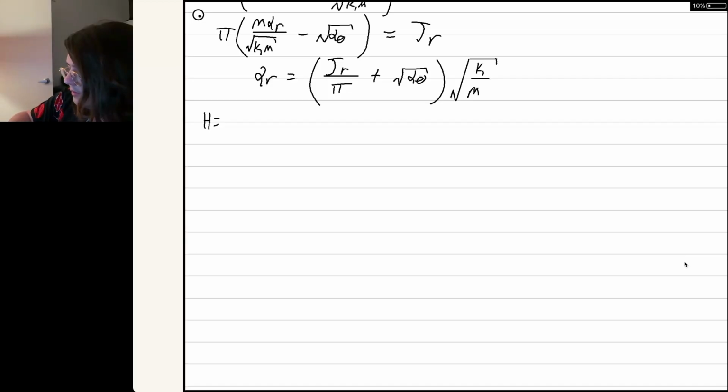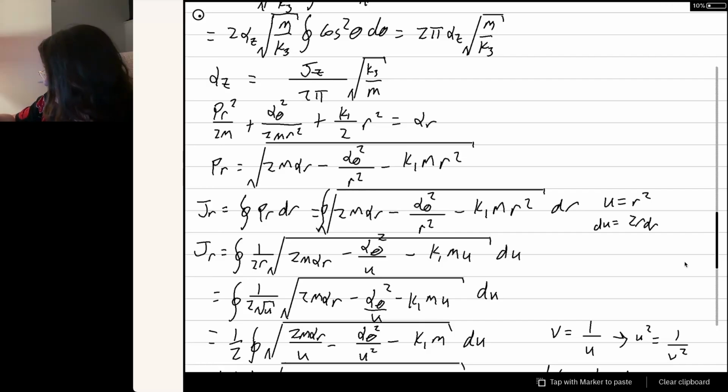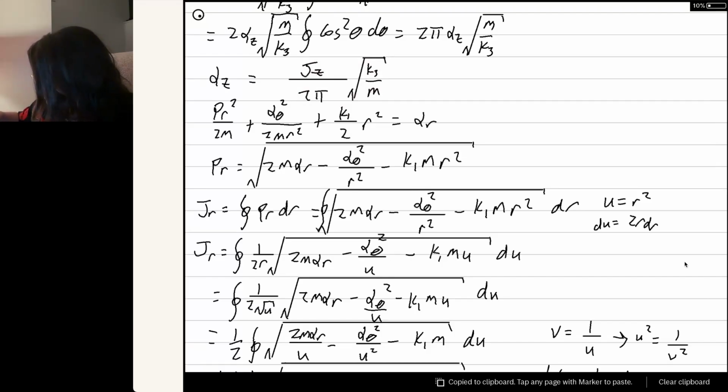H equals JR over, not 2 pi, just single pi, plus square root alpha theta times root k1 over m, and I've already forgotten what alpha z was, so I'm just going to go up and copy it. There it is. Jz over 2 pi times root k3 over m. Snagged.